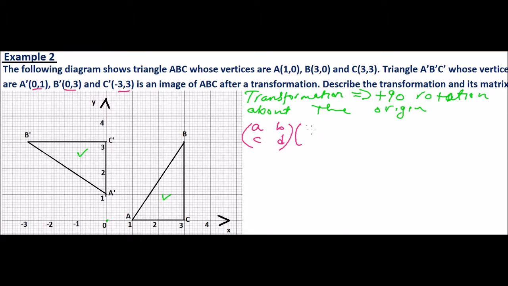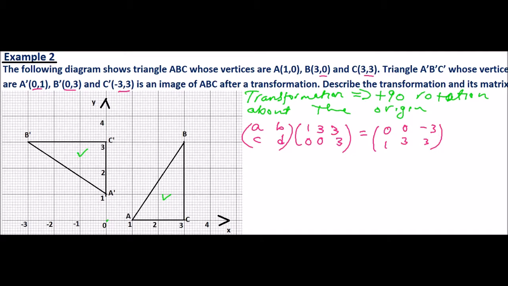The matrix formed from our object is (1, 3, 3 on the top row; 0, 0, 3 on the bottom row), and it should equal the matrix formed from the image, which is (0, 0, -3; 1, 3, 3).